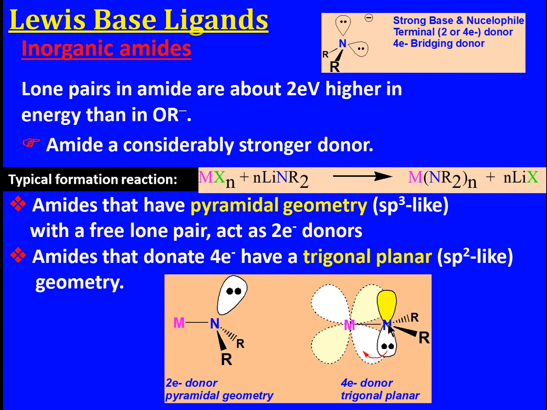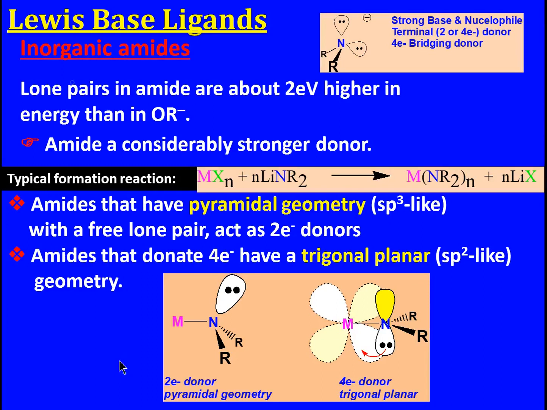2 electrons go from N to M terminal, and if the other 2 electrons make a bond with the d orbitals, we obtain M, N, R, R in a trigonal planar geometry. So in the pyramidal case we have sp3-like hybridization, and in the 4-electron donor system, the trigonal planar, we have sp2-like.